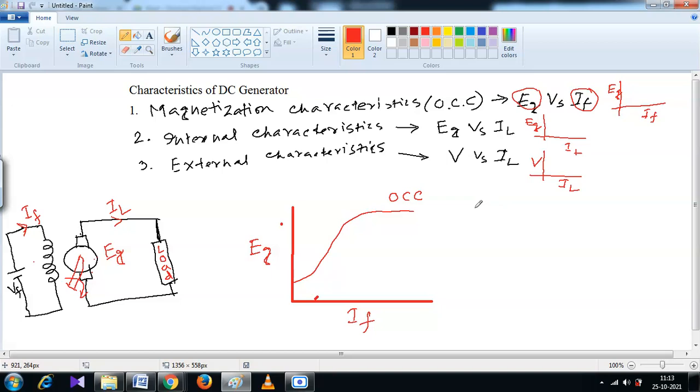Sir, IF is the input current, sir. IF is field current.